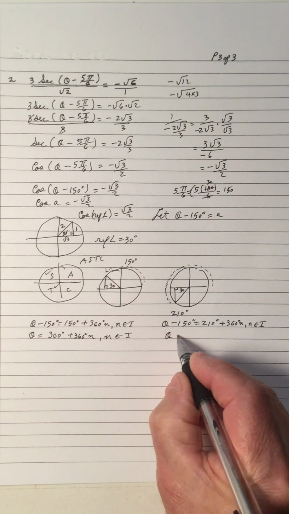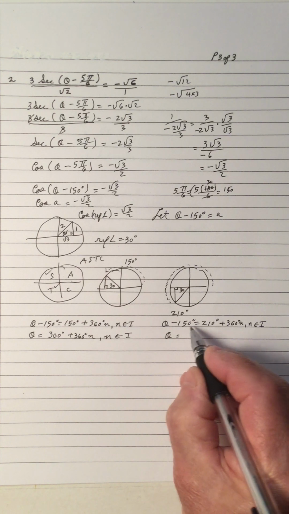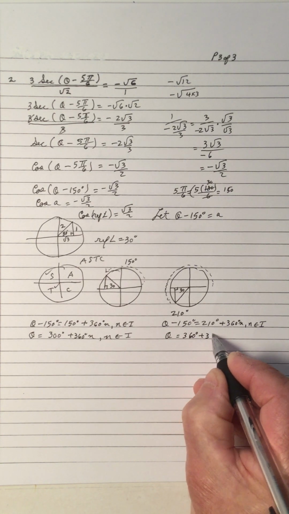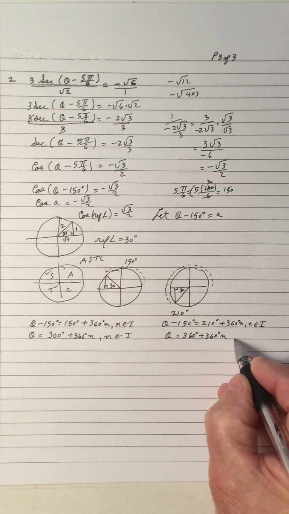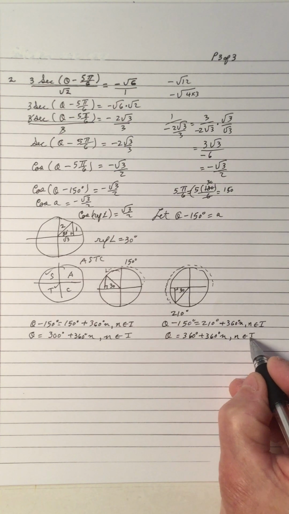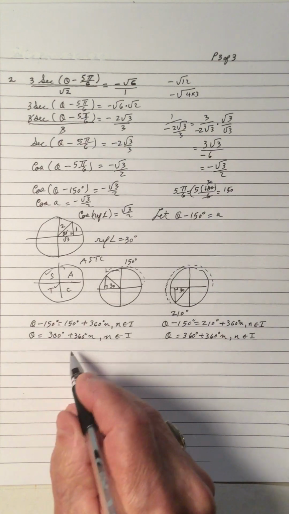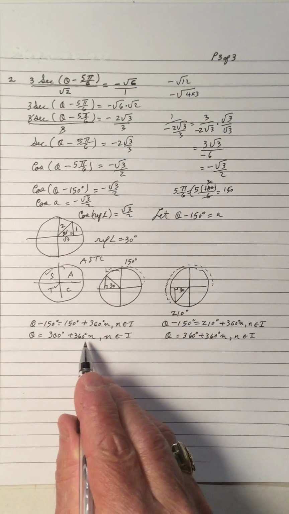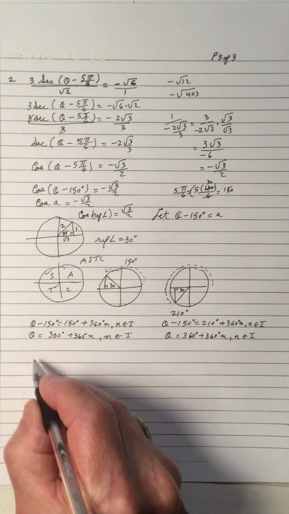And this one is theta equals 210 plus 360n, where n belongs to the integers. So we have all the answers, all the angles in degrees, but we have to change the degrees to radians.